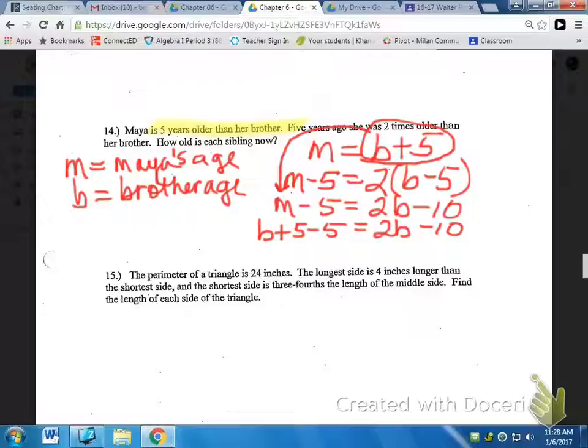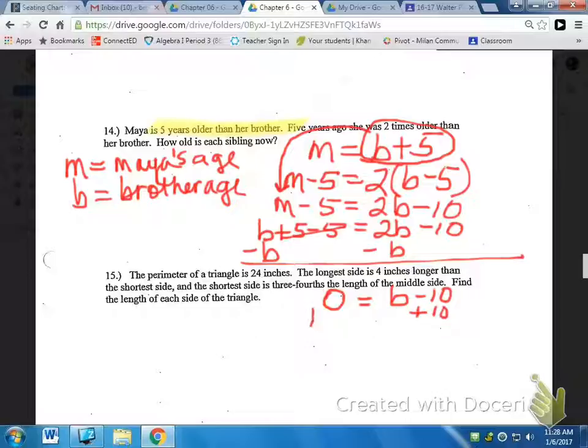On the left, if I combine like terms, 5 minus 5 is just gone. Subtract B from each side, so that 0 on the left equals B minus 10. Add 10, so her brother is 10.